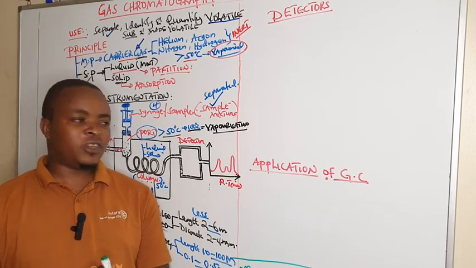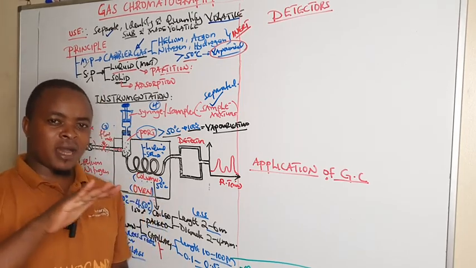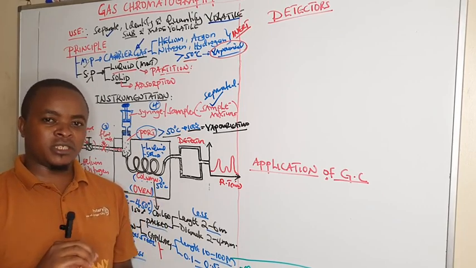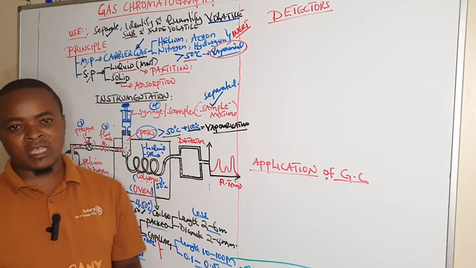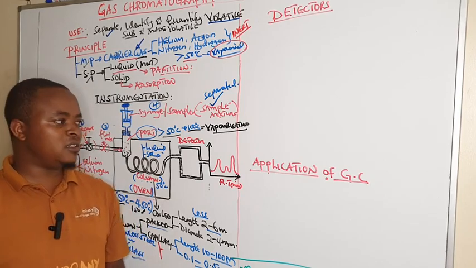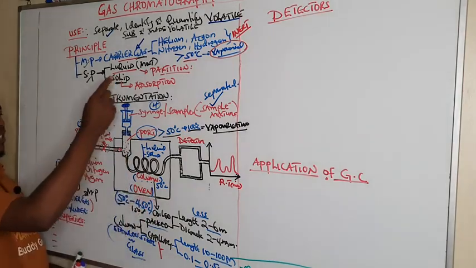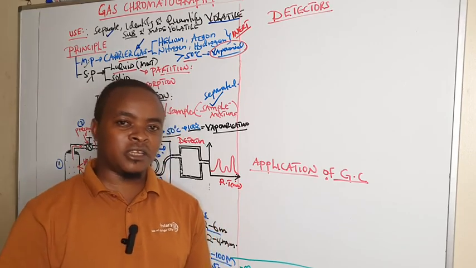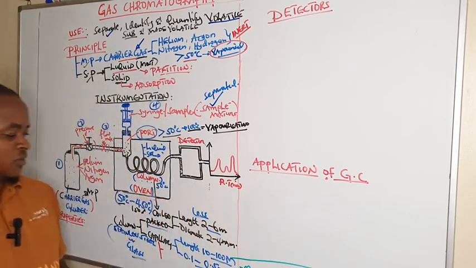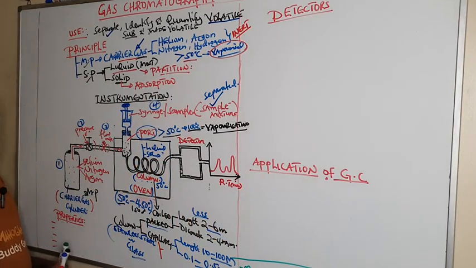Then on top of it, it is covered by a non-volatile liquid or any other solid substance depending on the type of chromatography. But as we said, the most commonly used is gas-liquid, whereby the stationary phase is a non-volatile substance. So this is what we can talk about under column.